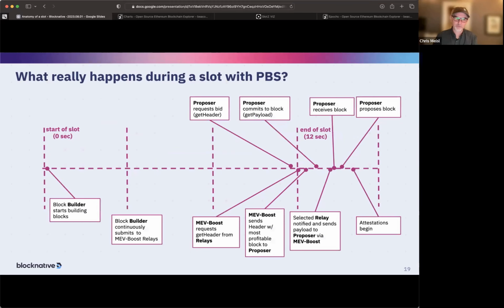This one is actually going from t equals 0 to t equals 16, and you will see that almost all of the interesting activity is happening after the end of the slot. It is for the block of the slot represented by the first 12 seconds here, but it's all happening pretty late in the game.